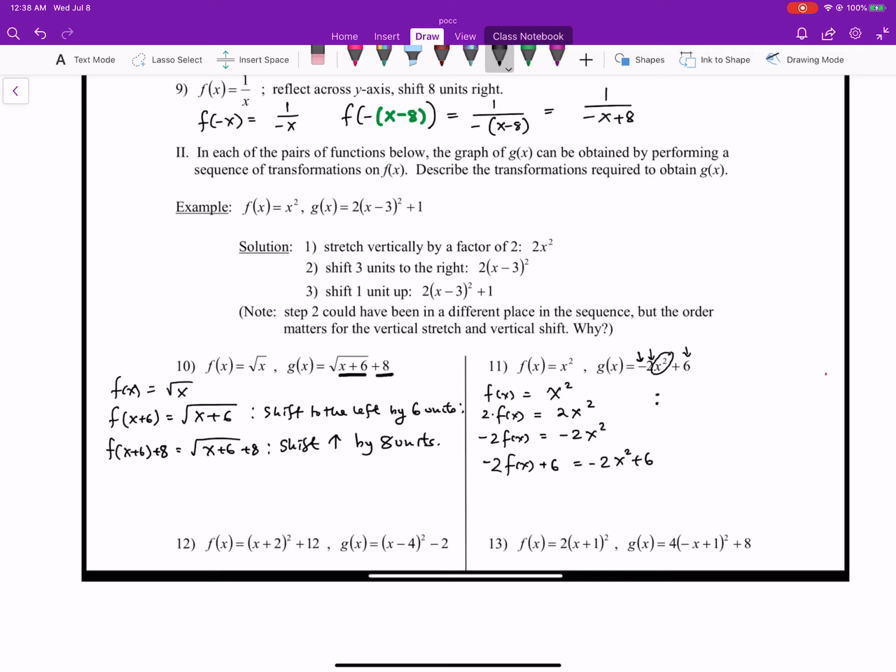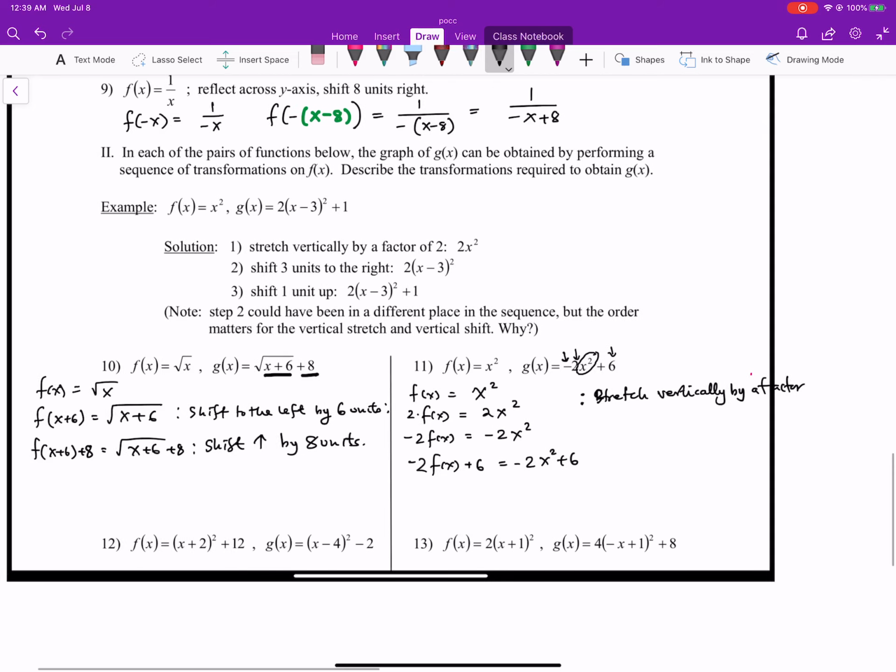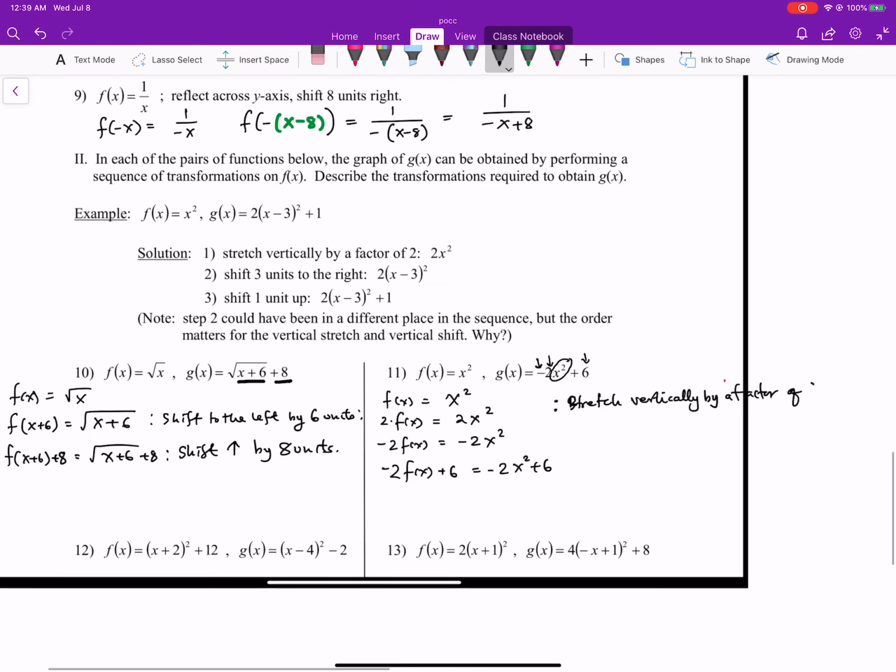So let's write out what we had. So we stretched vertically by a factor of 2. That was my step 1.